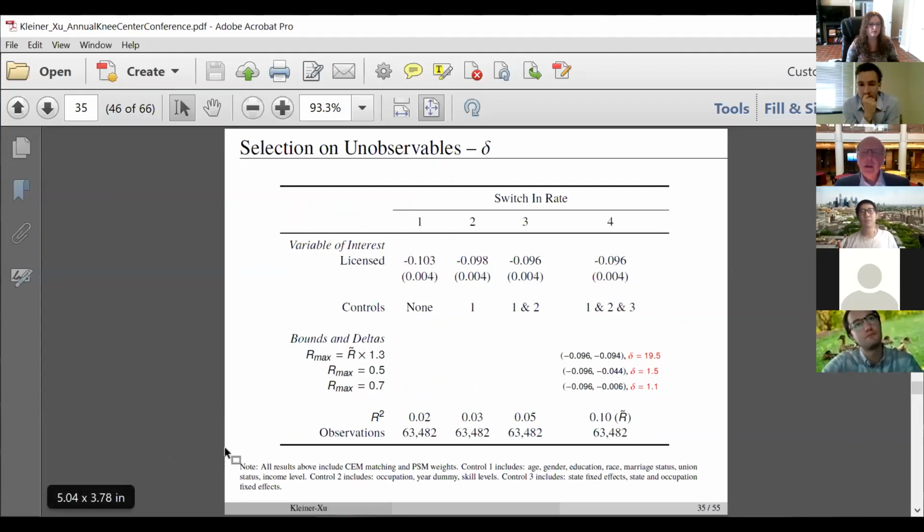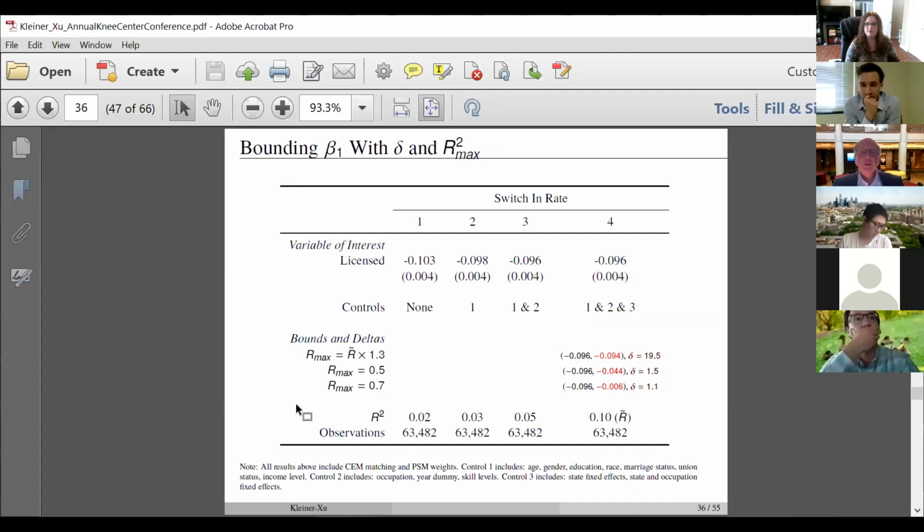Depending on the level of the R squared, they'd have to be between 1 and 1.5 times larger than the results we show in order to flip our results. So you'd have to come up with some very large omitted variables in order to flip our results for the switching in rates.